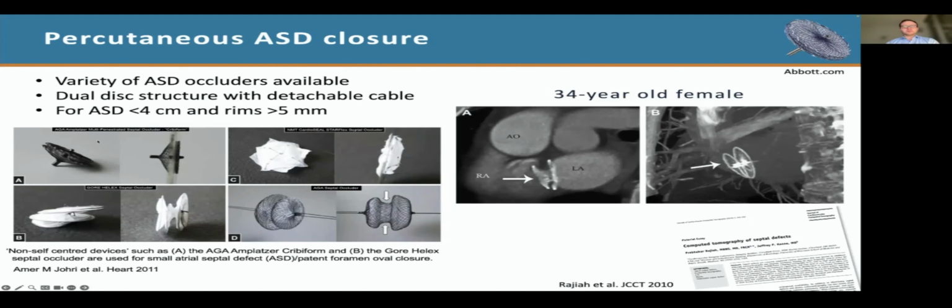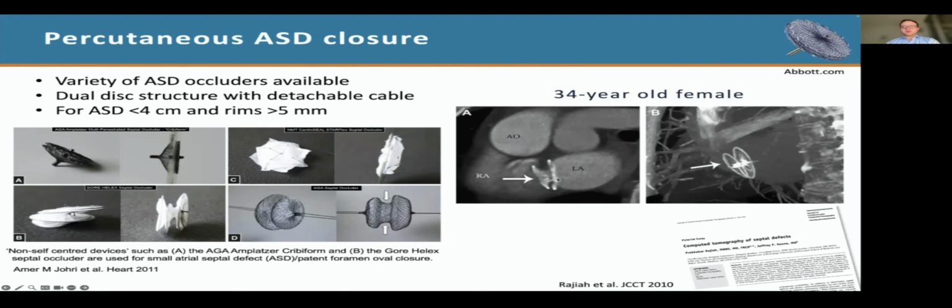Below you can see examples of these devices, with Amplatzer here in the upper left corner. It is the most common, most popular one, at least in our clinic. On the right side, you can see an occluder on a CT image connecting the right atrium and the left atrium, with one disc in the right atrium and the other disc in the left atrium.